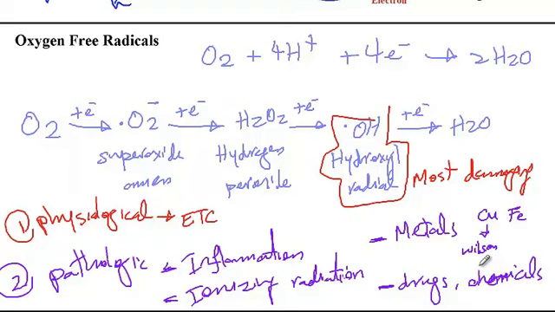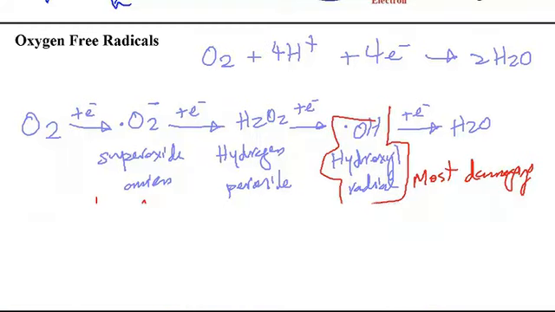Now there are multiple defense mechanisms against these oxygen free radicals, and we have already discussed one of them, which was the antioxidants. So let's go over them one more time. Now let's discuss the defense mechanisms. Number one, we can have antioxidants, like for instance vitamin C and vitamin E, that will defend against these oxygen free radicals.